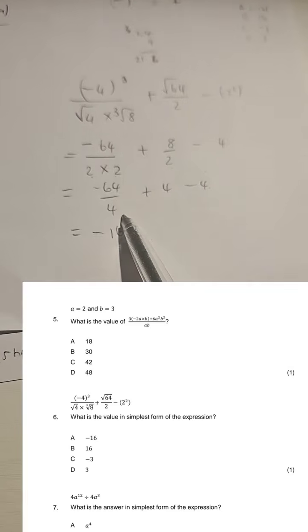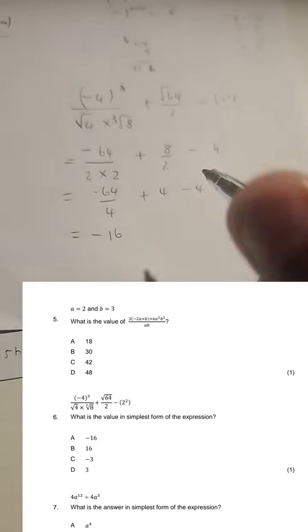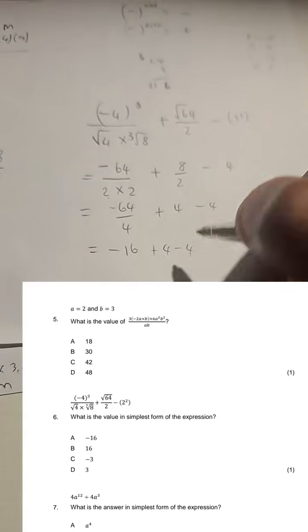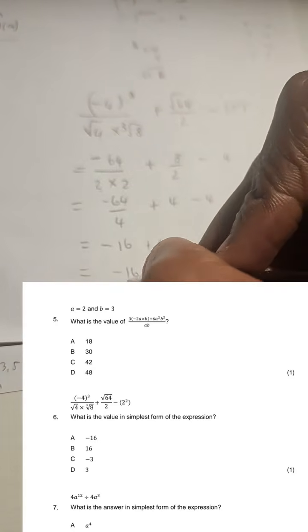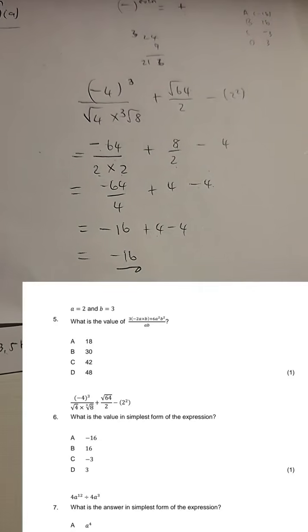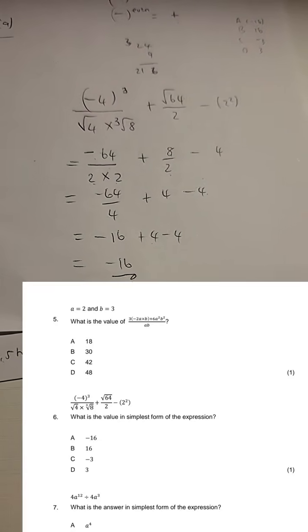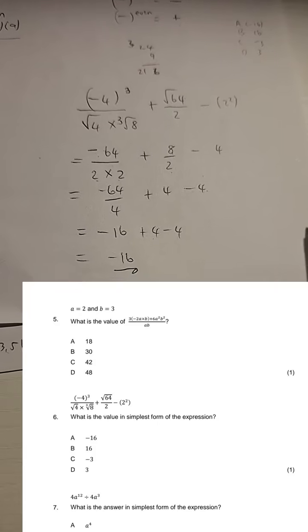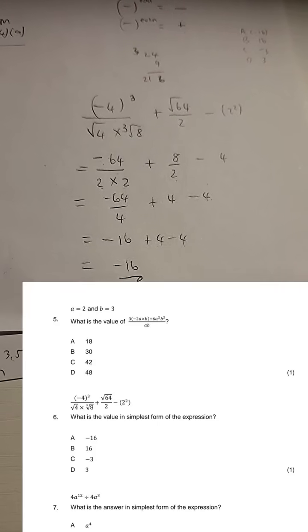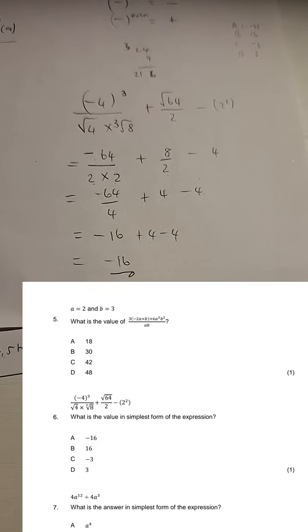Negative 64 divided by 4 is negative 16, plus 4 minus 4. I'm sure you guys can see that the answer now, applying BODMAS, is simply going to be negative 16. That will be our answer. Isn't that a nice problem?